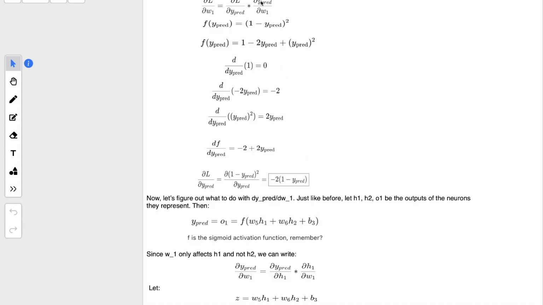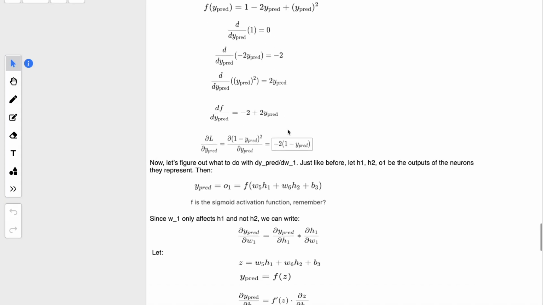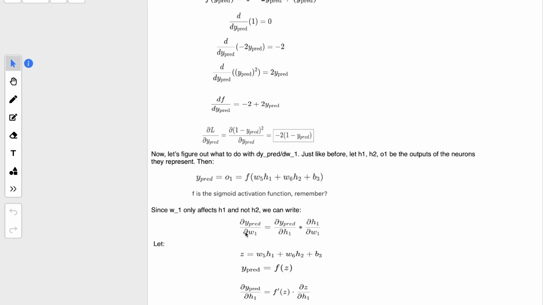So again we divide this second term into two terms. dypred by dW1 is equal to dypred divided by dH1 into dH1 by dW1. Here H2 is depending on W3 and W4, right? H1 is the only term which is depending on W1 directly, so we used H1 here.